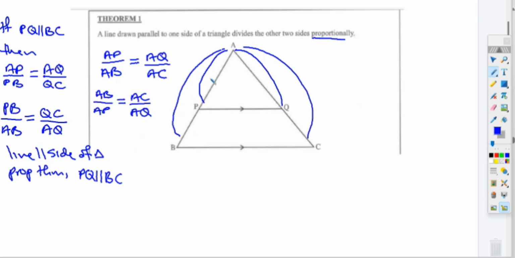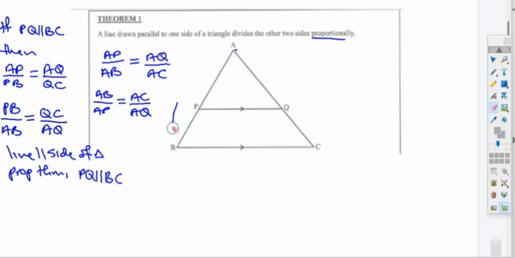All right. We can come up with another one. Here I've used the smaller side divided by the whole side. You also can use the smaller ones down here, so that will be PB over AB is equal to QC over AC.